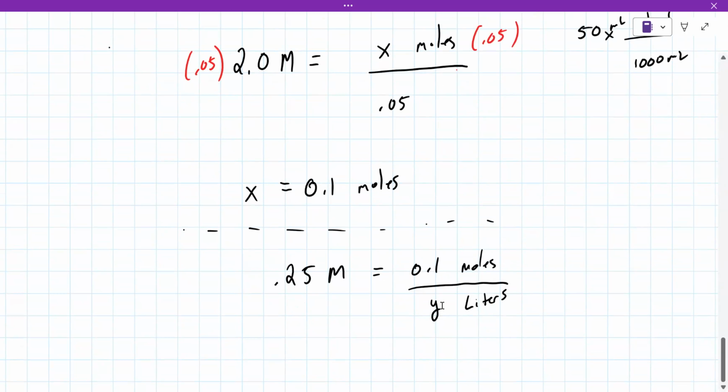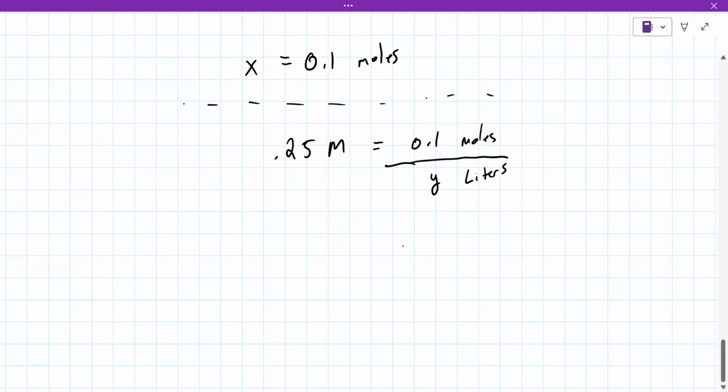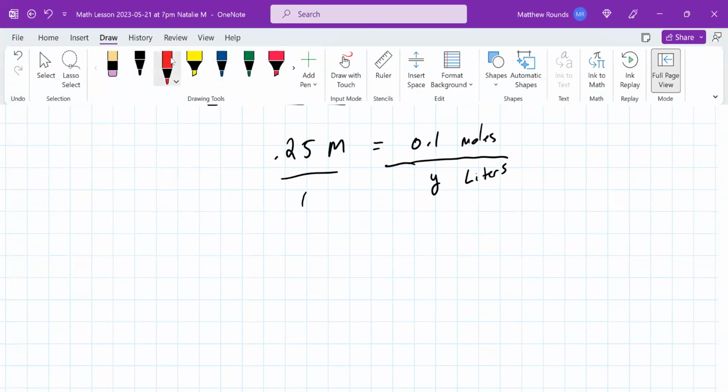You can look at Y as the total amount that's going to be there, and then subtract out the 0.05. Or if you want to know how much you're just adding, it's Y minus 0.05, because you already have the 50 milliliters in there. It will be easier to just leave it as Y, but then you have to remember to subtract at the end as well. I'll show it this way, and then you can decide later what you want to do. You multiply both sides by that Y.